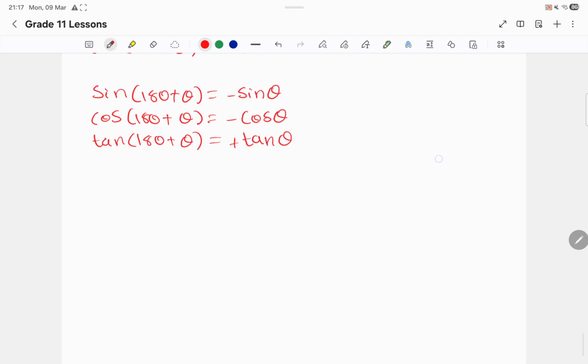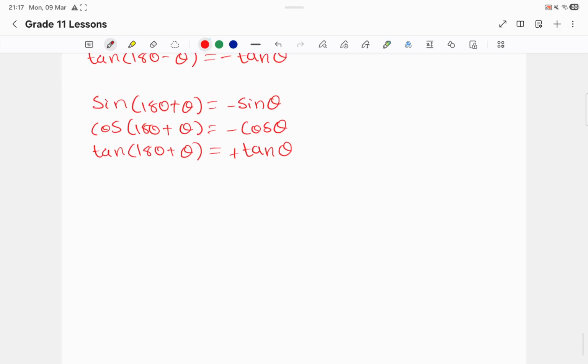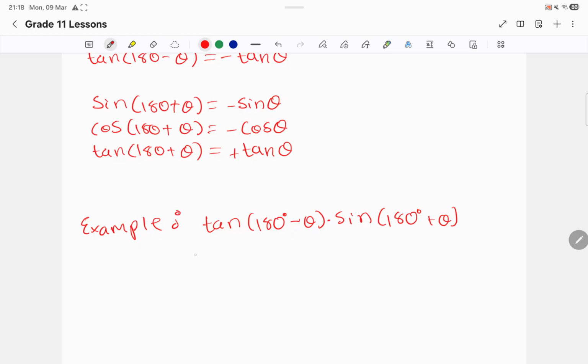Okay, I will say here example. Let us simplify tan of 180 degrees minus theta times sine of 180 degrees plus theta, right?